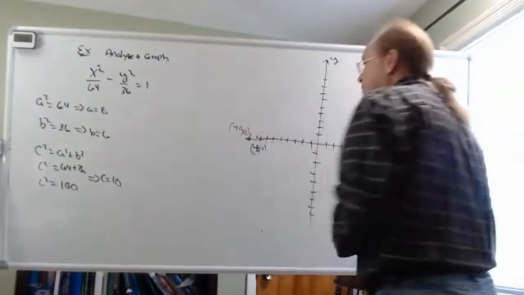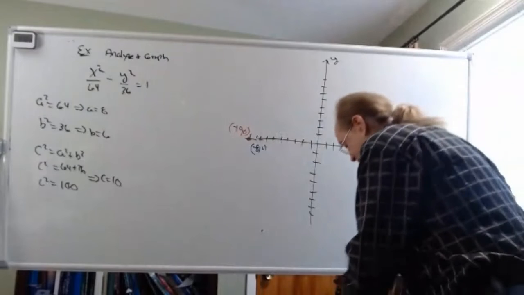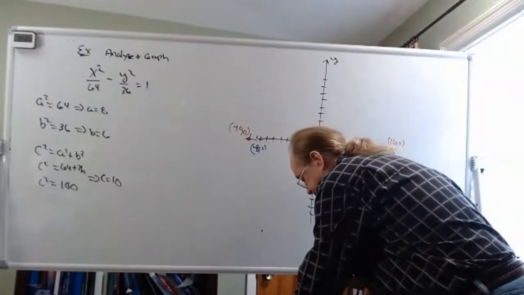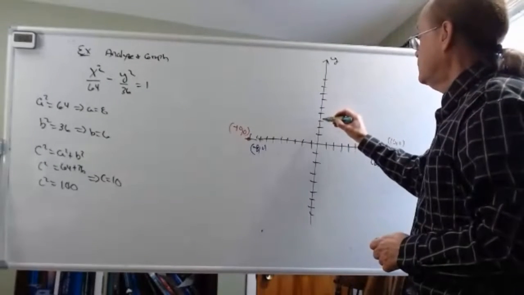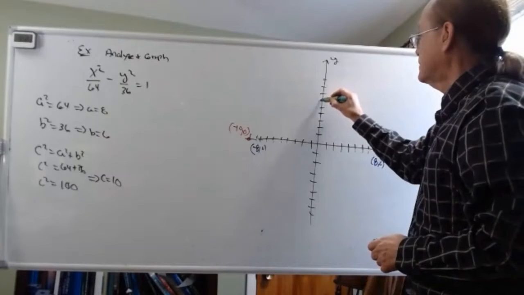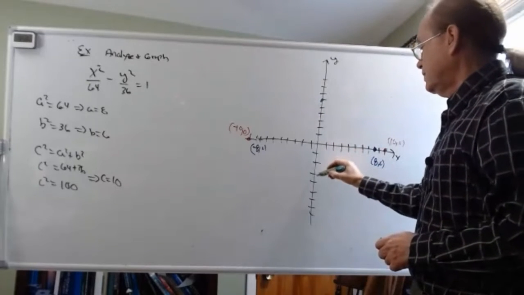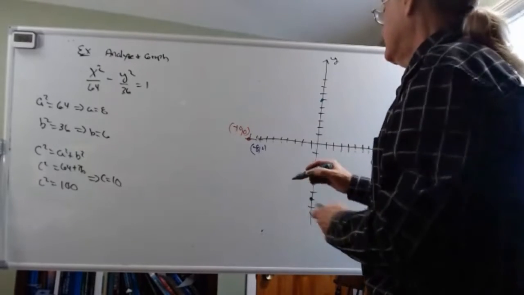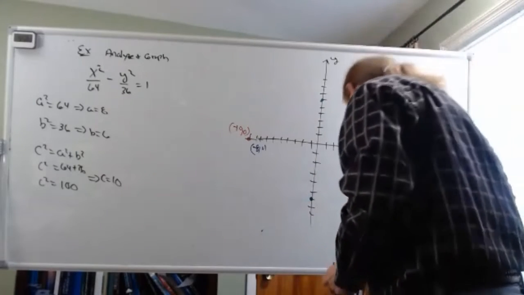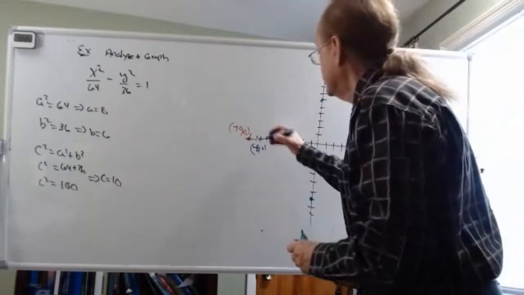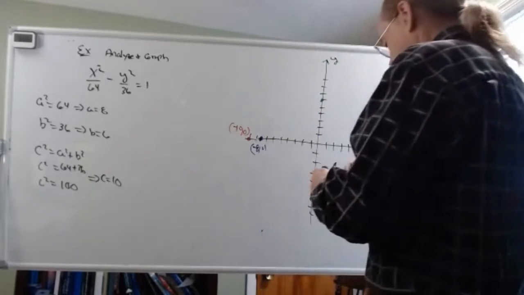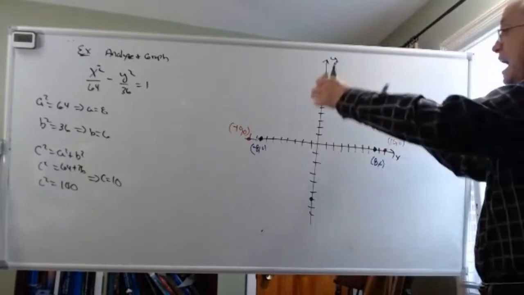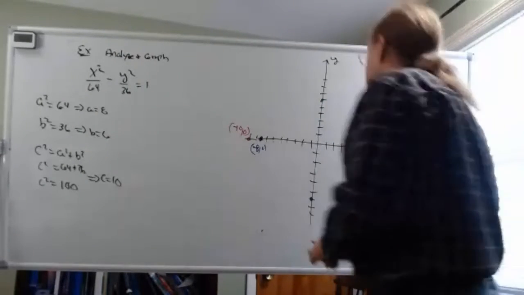Now let's put in my b value over here. b is 6. So 1, 2, 3, 4, 5, 6. And 1, 2, 3, 4, 5, negative 6. Now if I take my point over here, let me draw it in over here a little more specifically. And let's draw my rectangular box now.